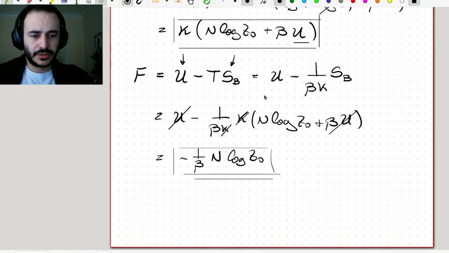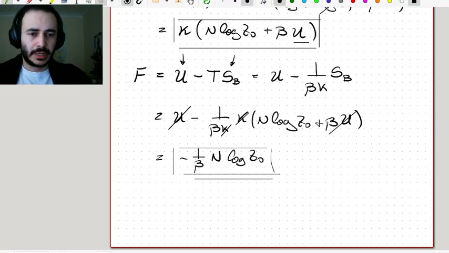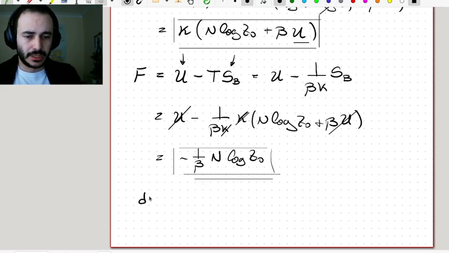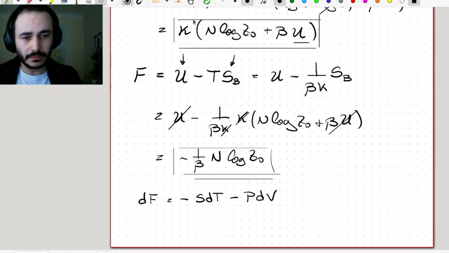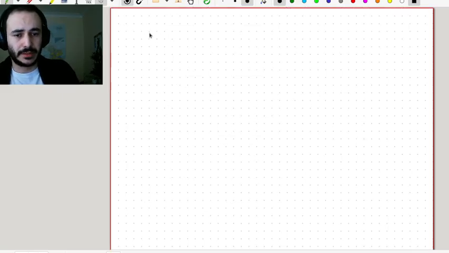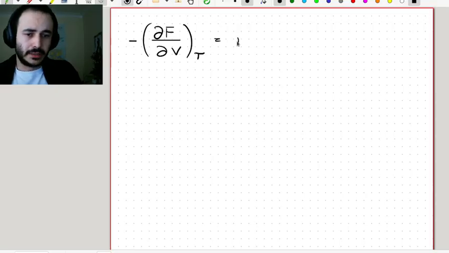And there's another thing we can calculate, and this is remembering what the conjugate and the natural variables of the free energy are. So remember that free energy, if you take the differential of it, what you get is minus S dT. So one of the natural variables is temperature, and the other one is still volume, minus P dV. So what I just want to say is that the partial derivative of the free energy with respect to volume, at constant temperature, with a minus sign here, is just the pressure.